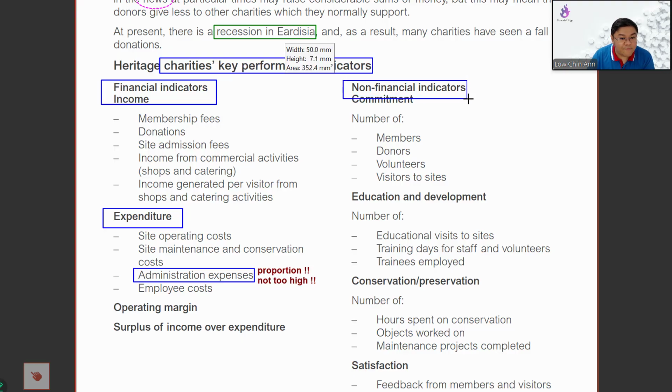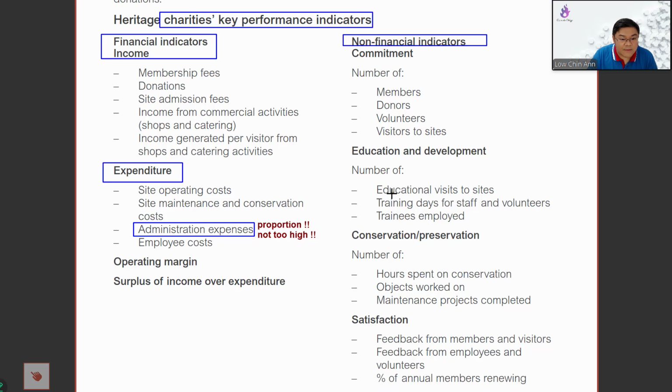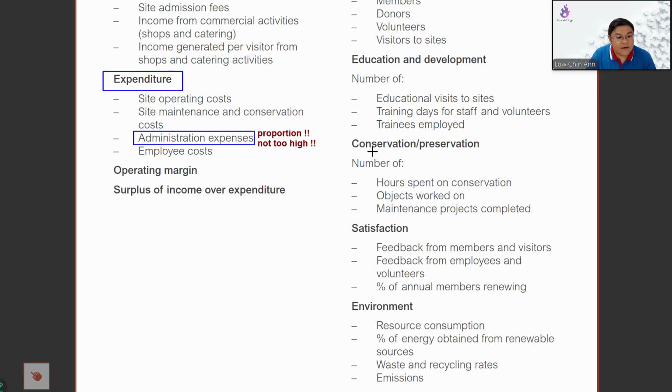Now, non-financial indicators. They look at things like commitment, in terms of members and donors. Education and development, in terms of the number of educational visits to the sites and training days.